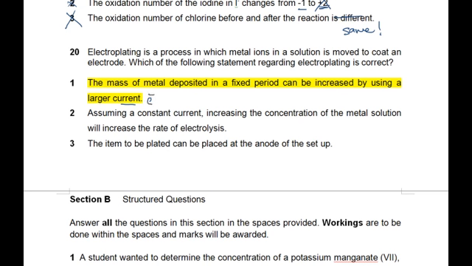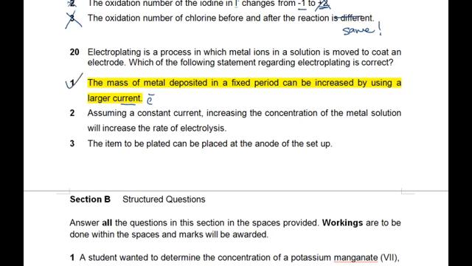So the faster you move electrons through the whole system, the quicker is the deposit of metal, because a reduction of metal requires electrons to flow through. So number 1 is definitely correct.